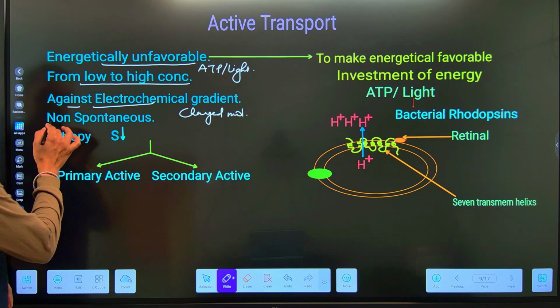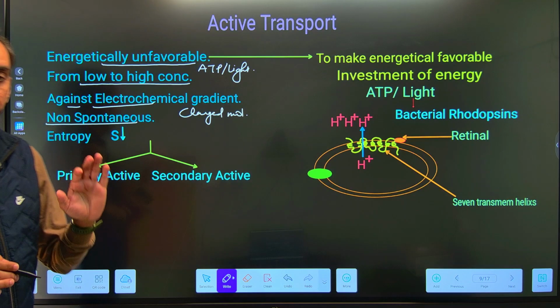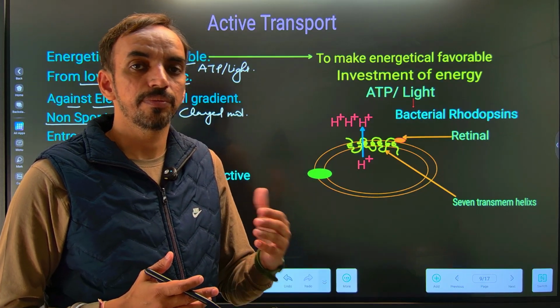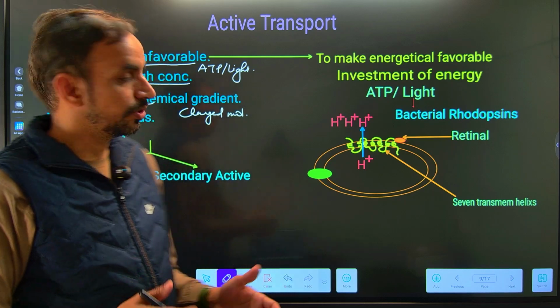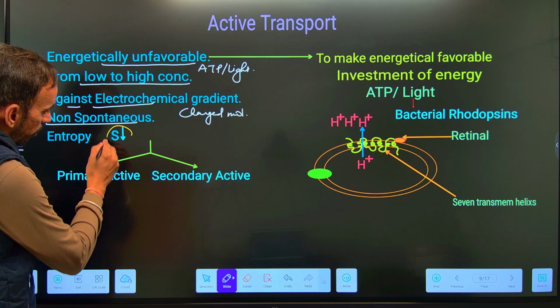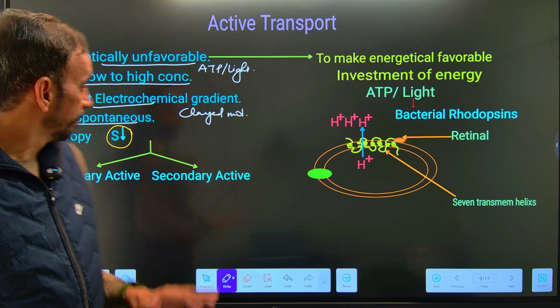Now the process is energetically unfavorable, so it will be non-spontaneous. It means it will not happen on its own. When will it happen? When you provide the energy. So these are non-spontaneous processes. If the process is non-spontaneous, the entropy, that is the measurement of disorderness, will decline.